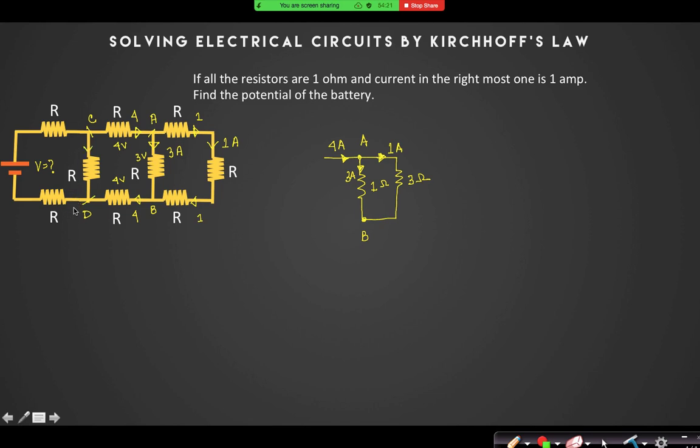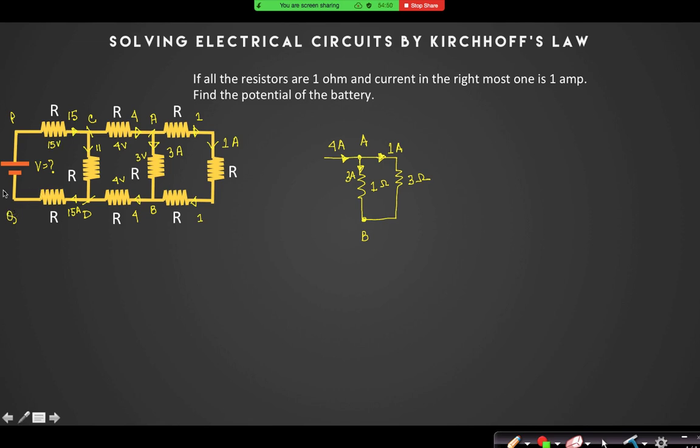So what is the current in this branch? 11 ampere. Then what is the current in this branch? 15 ampere. Current in this branch? 15 ampere. Then what is the potential drop? Suppose this is PQ. What is the potential drop between P and C? 15 volt.